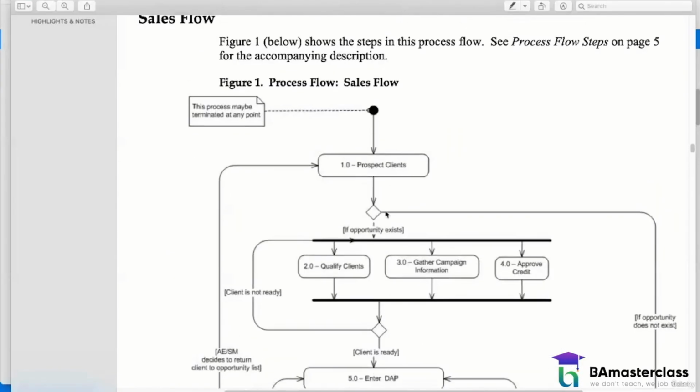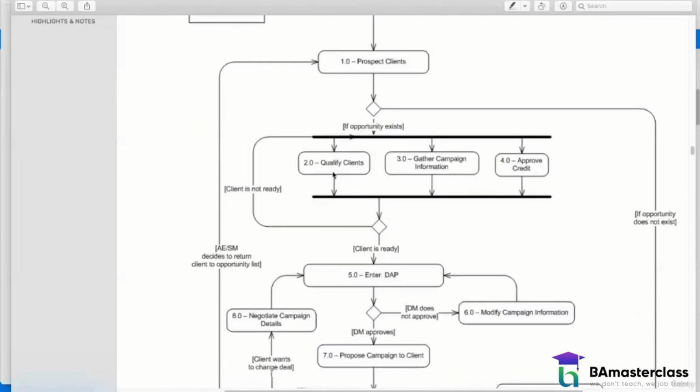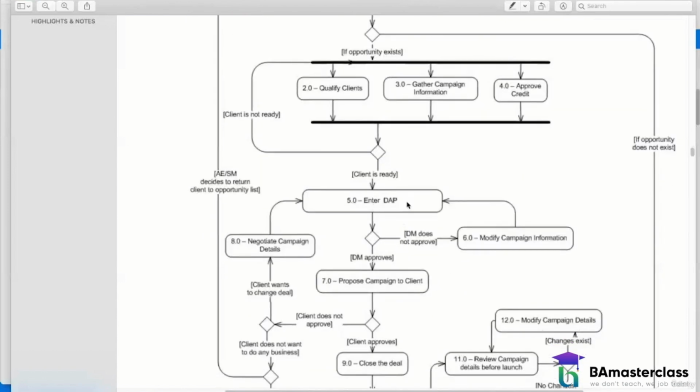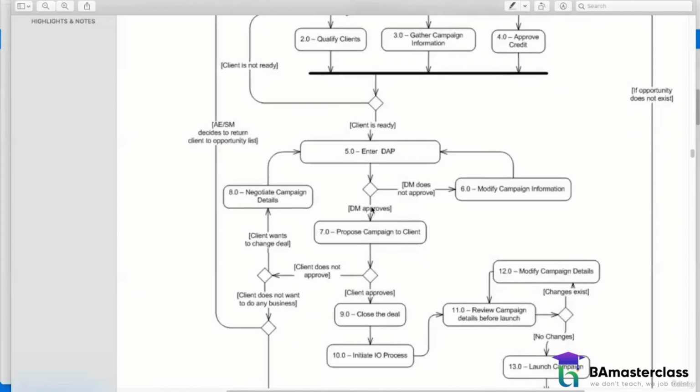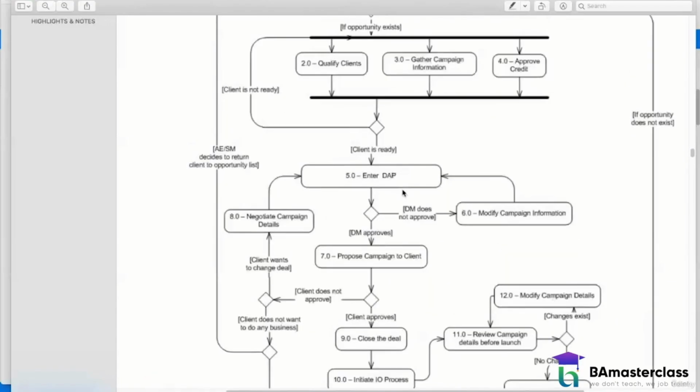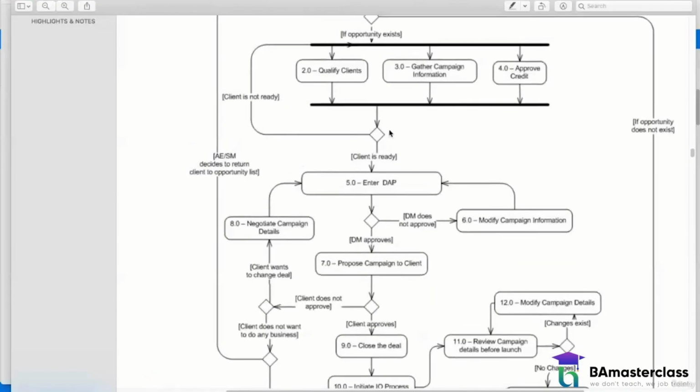If the opportunity exists with the client, you qualify the clients, you gather the campaign information, you approve their credit. Is the client ready? If it's not ready, you still wait until all these things are done. If the client is ready, you enter the data in the system. Is the data approved? Then you propose the campaign to the client. If it's not approved, you re-enter and modify. So that's what a decision box is. It is a yes or no scenario.